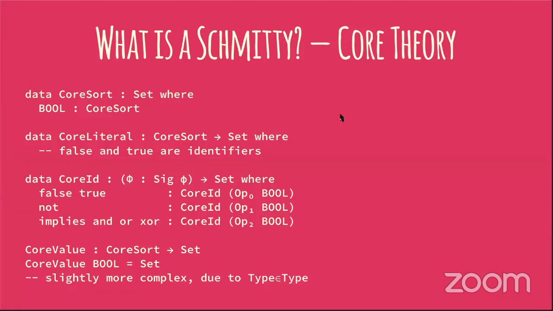And then there are types that come out, and that mapping coming out is specified by value. Now, value here maps bool to set, and the thing there is slightly more complicated due to us avoiding type in type, because obviously set is not of type set. But I decided to hide that; you don't need to know that. You can check out the code; it's not that big of a difference.